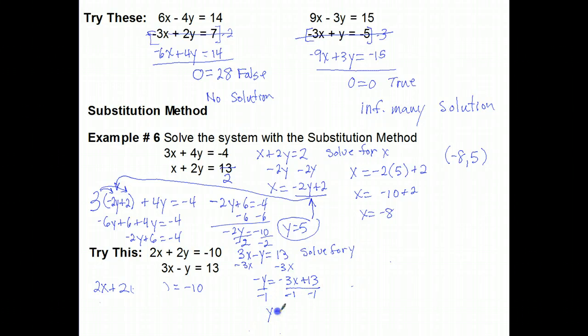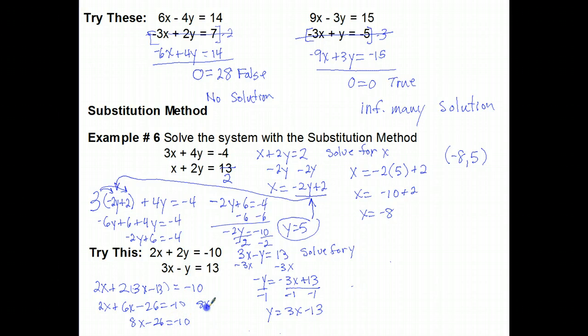And we get y is equal to positive 3x minus 13. Now that's what we should have substituted in here. Let's go back and do that. 3x minus 13. So 2x plus distribute the 2. 6x minus 26 equals negative 10. Collect like terms. 8x minus 26 equals negative 10.